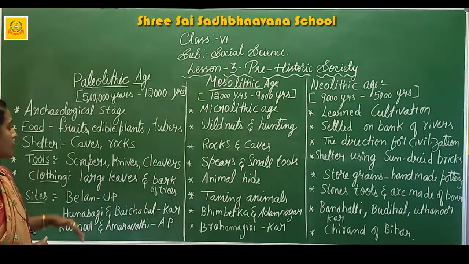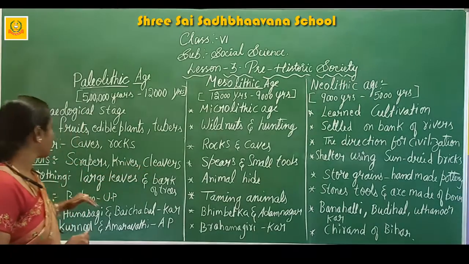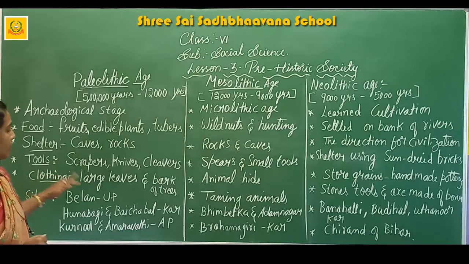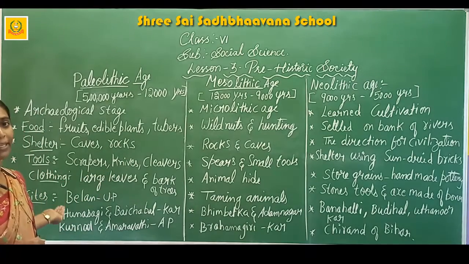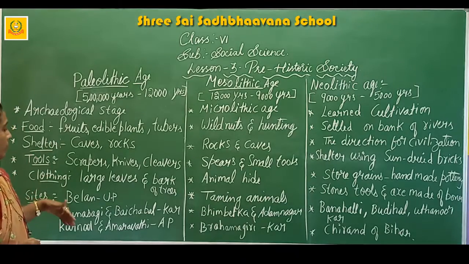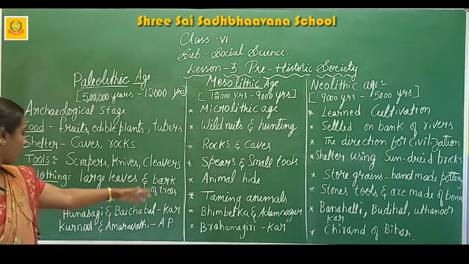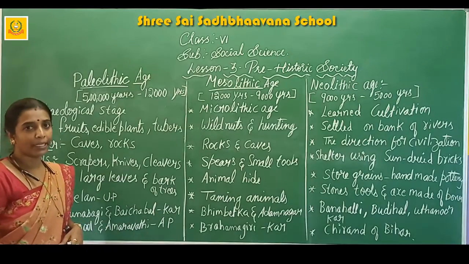The tools they used were scrapers, knives and cleavers made of rock or stone. For clothing they used large leaves and bark of trees. The sites where we can find the archaeological sources of Paleolithic Age are Belan of Uttar Pradesh, Unasagi and Baichabal of Karnataka, and Kurnool and Amaravati of Andhra Pradesh.